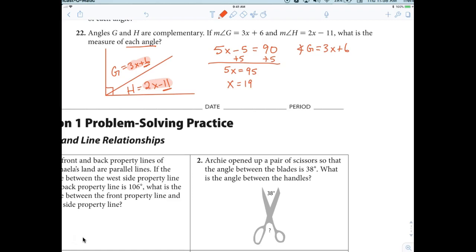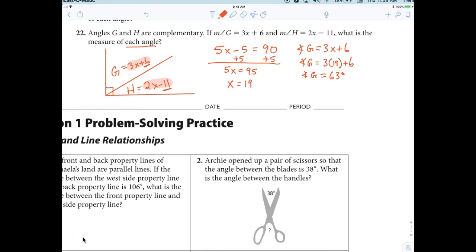So angle G is equal to 3 times 19 plus 6. And 57 plus 6? Yes. Angle G is equal to 63 degrees. Everybody good with that? Everybody good?